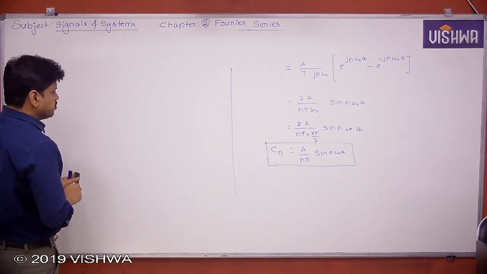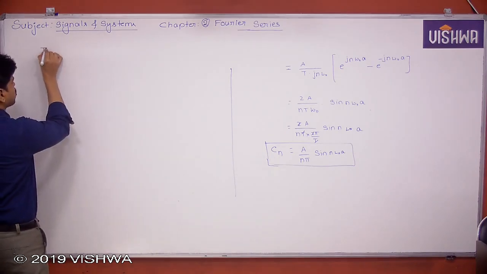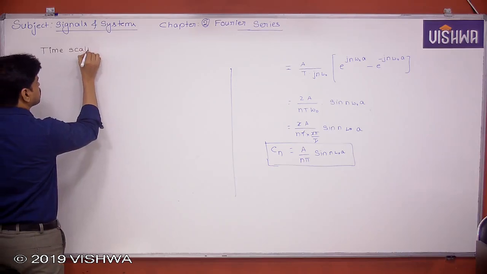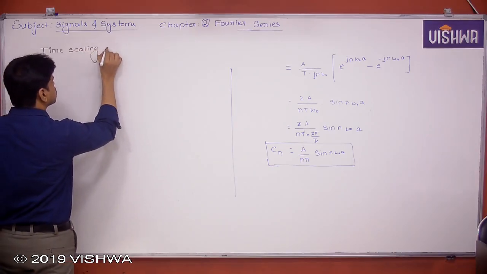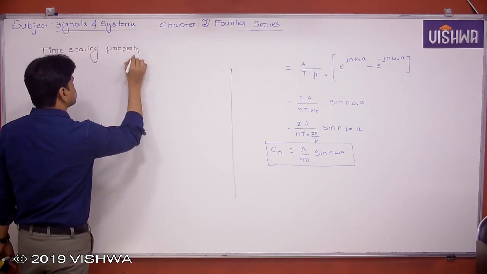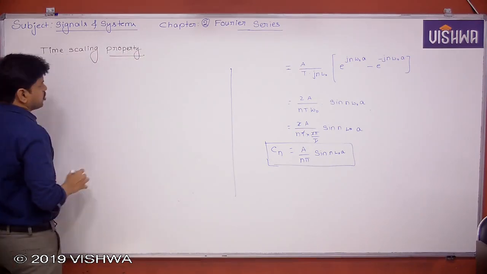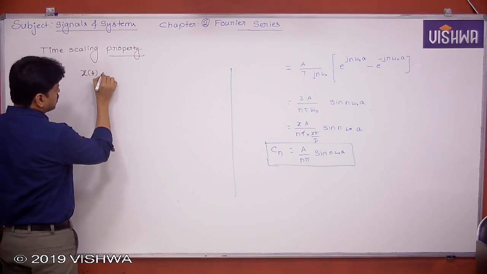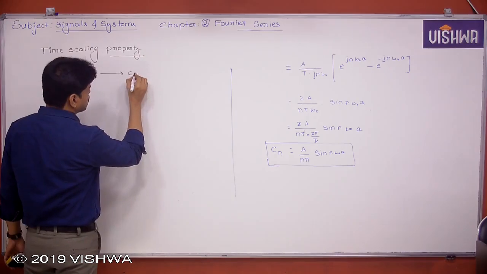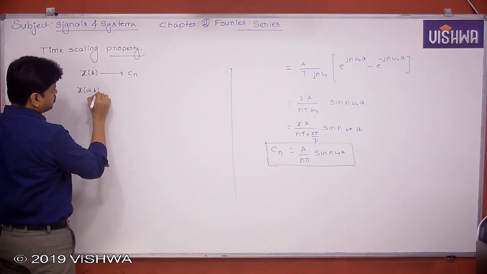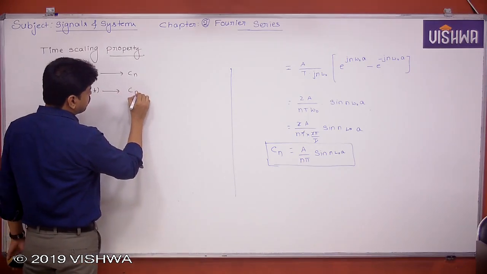Next property, time scaling property. What is this property saying? That if x of t has Fourier series coefficient Cn, then x of alpha t also has the same Fourier series coefficient.